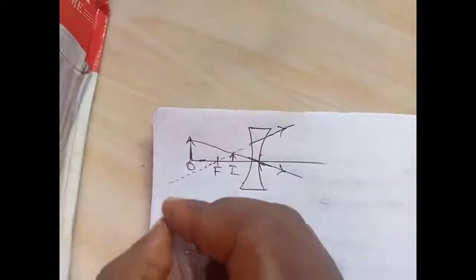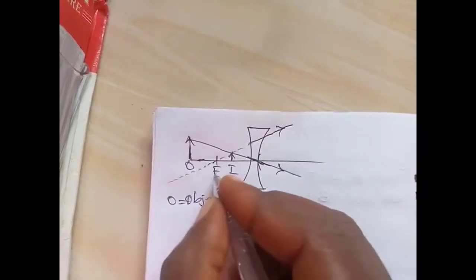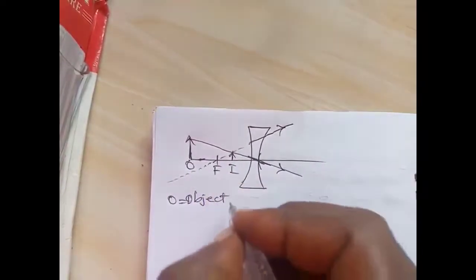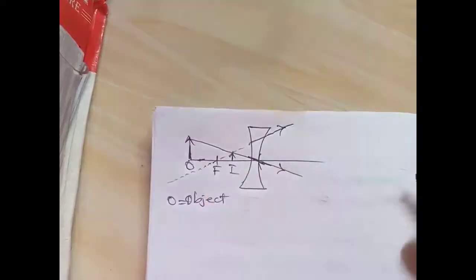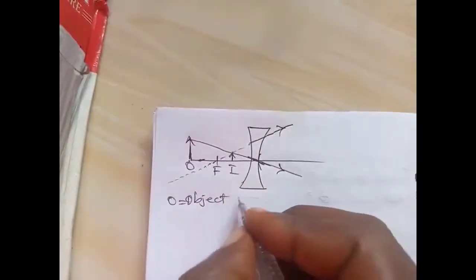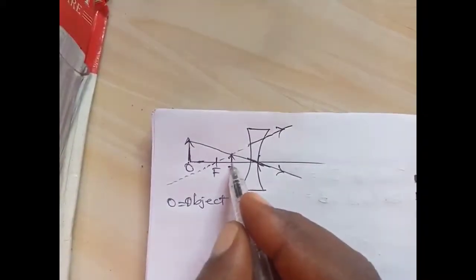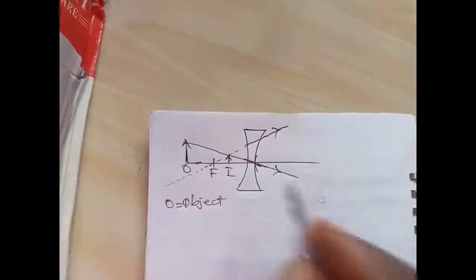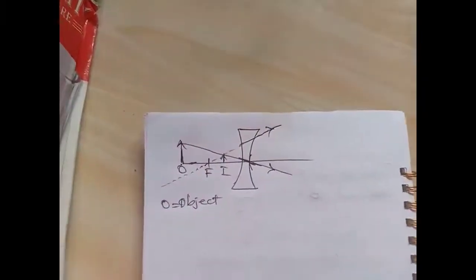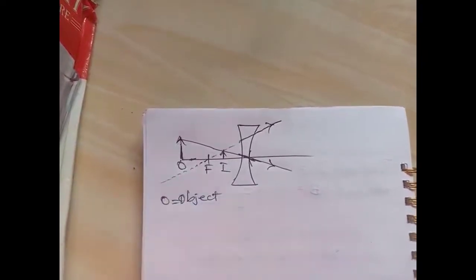So O is object, F is the focal point, sorry, focal point. I is image, so you can see the image is erect, it is also diminished, which means it is smaller than the object. So you can see here that the object is after the focal length.